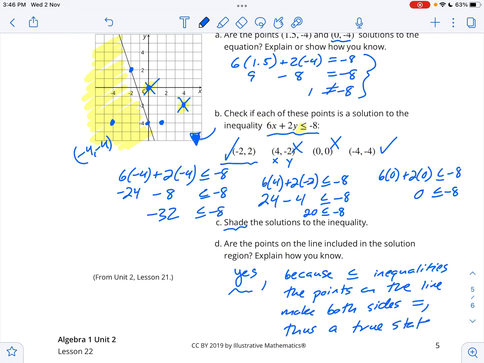It doesn't have to be worded exactly like that, but it implies that it's okay for both sides to be equal to each other when you are dealing with something that's less than or equal to or greater than or equal to.